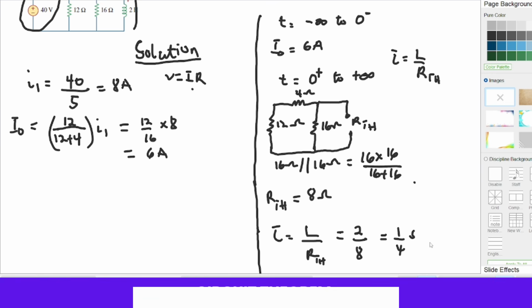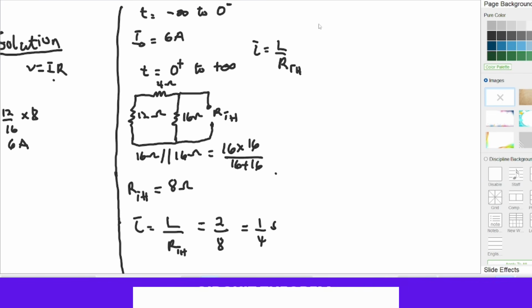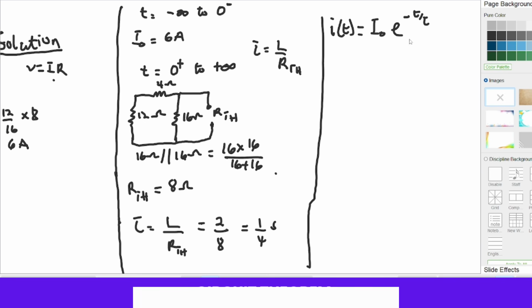Okay. So since we have our time constant, we can recall our formula for I of t, the current at any point in time. It is equal to our maximum current, right before the circuit is opened, multiplied by e exponent negative of the time all over the time constant.